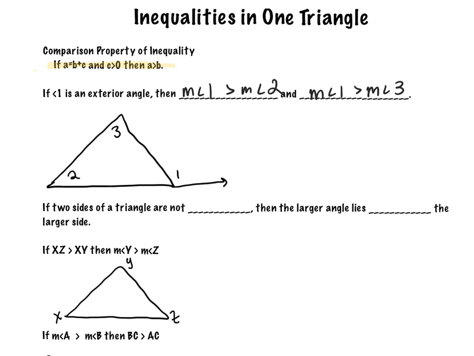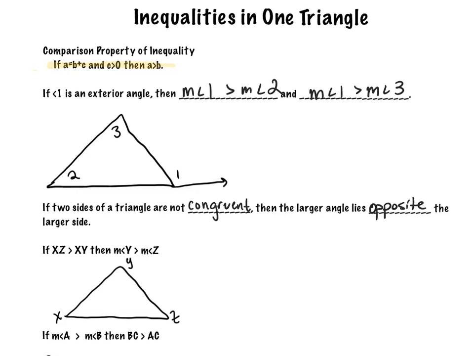Once we know side lengths or angle measures, we can compare sides of a triangle. If two sides of a triangle are not congruent, then the larger angle is going to be opposite the larger side.